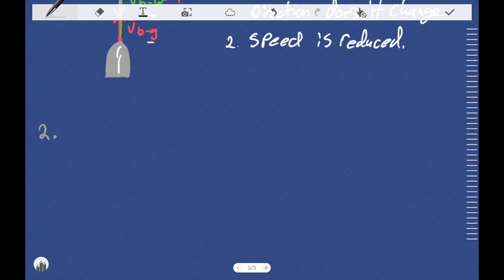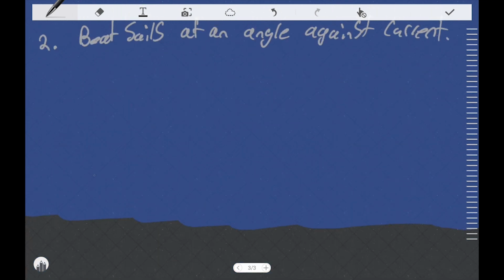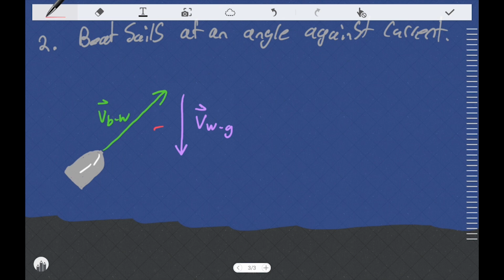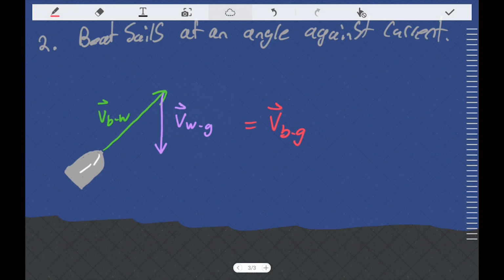For our second example, let's look at a boat that's sailing at an angle against the current. Again, we'll draw our green VBW vector and add it to our purple VWG vector. Our red vector, which represents the boat's velocity with respect to the ground, is from the tail of the green vector to the tip of the purple vector.